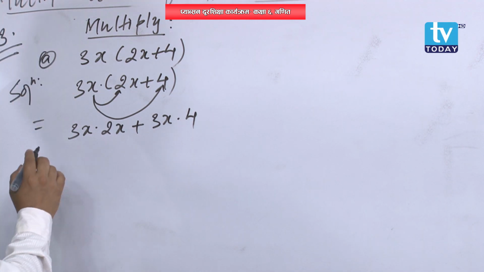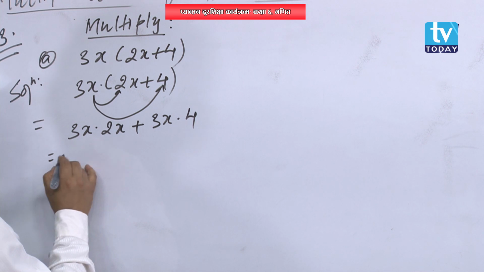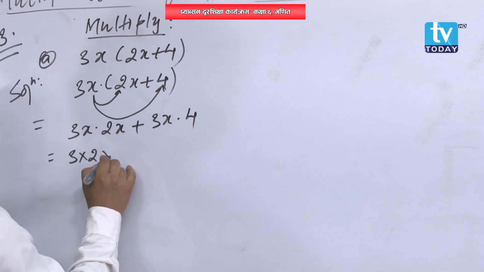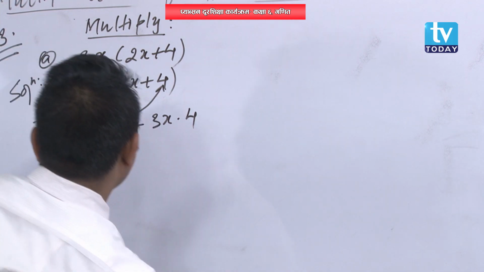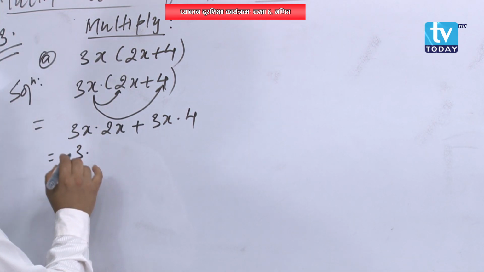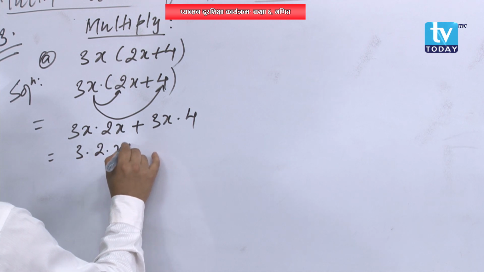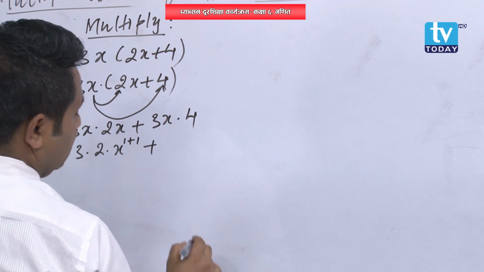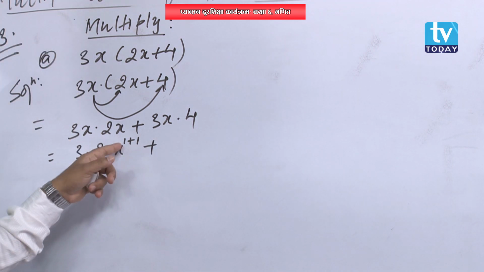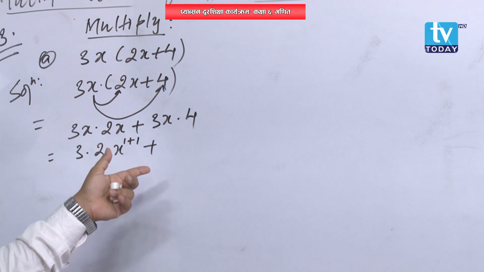Is that clear? Now 3 into 2 into, let's write dot, it will be easy also. 3 dot 2 dot x, plus you can write directly 3 twos are 6, x into x, x square. In that way also you can do.